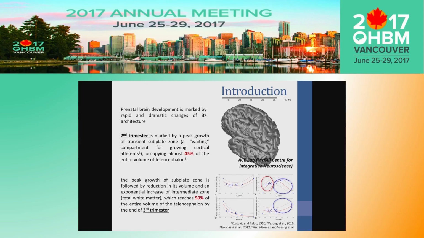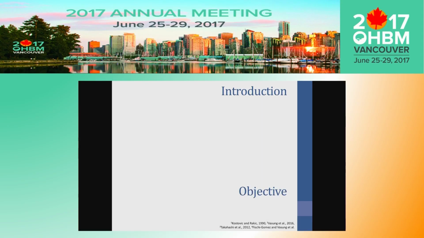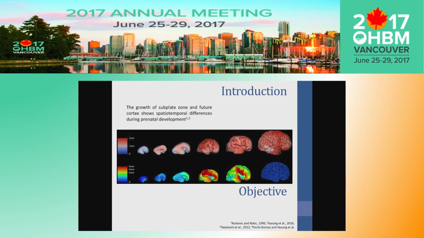In general, these are all interesting, but what's even more interesting is how the spatiotemporal changes in thickness of the cortical plate and subplate zone vary across different developmental periods and across different regions of the human fetal brain.